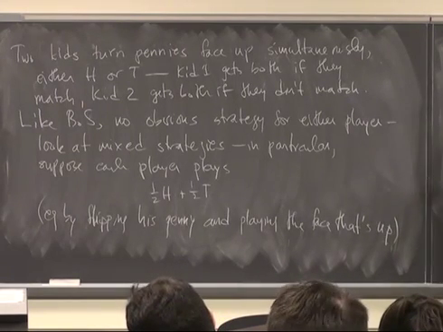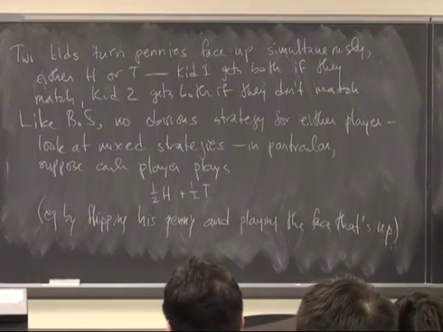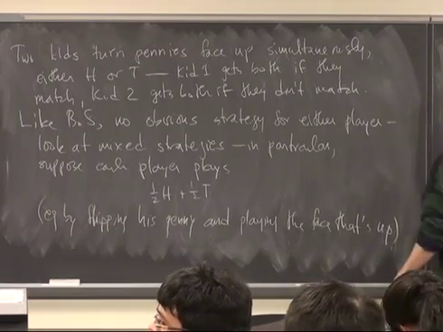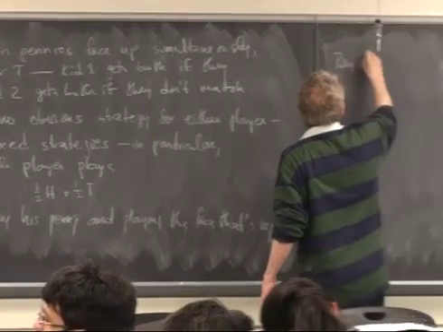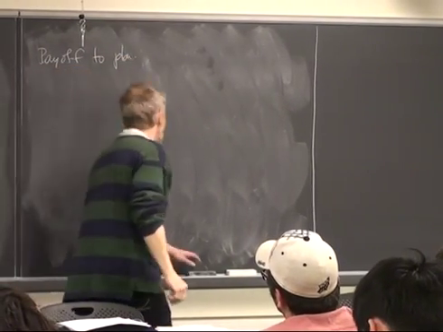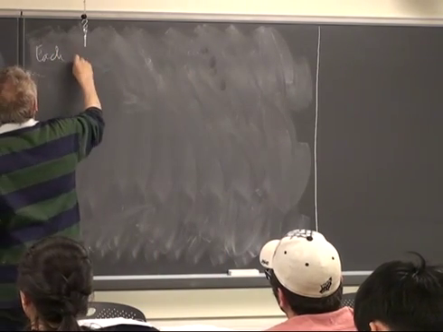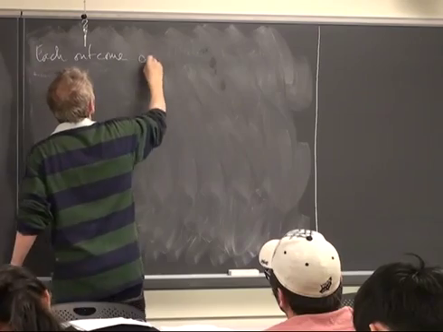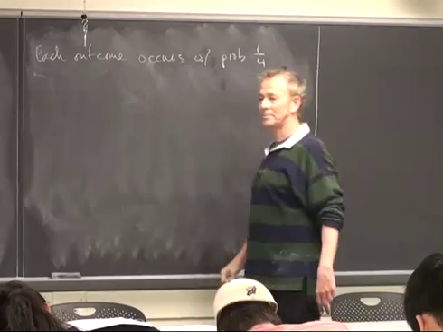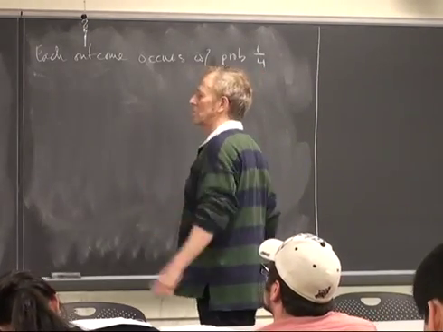What are the payoffs to the players if both play those strategies? Let's go through it. I mean, this is pretty obvious. Each outcome occurs with probability 1/4, right? 2 heads could come up, 2 tails could come up, so on.